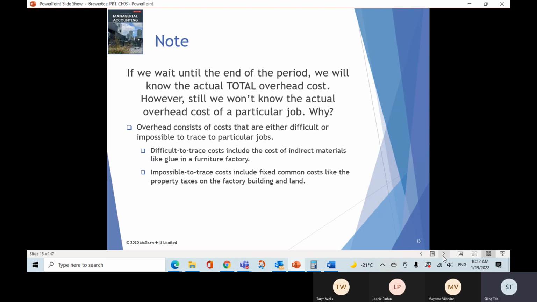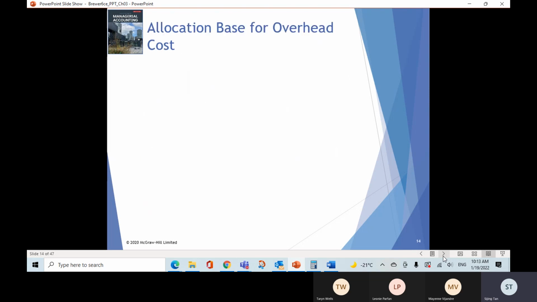Difficult to trace costs include indirect materials, like the glue in a furniture factory. If you have multiple jobs started, like making a desk and making a chair, and you use glue, you have no idea how much glue is used in the chair or in the desk, right? Impossible to trace costs include fixed common costs like the property tax on factory buildings and land.